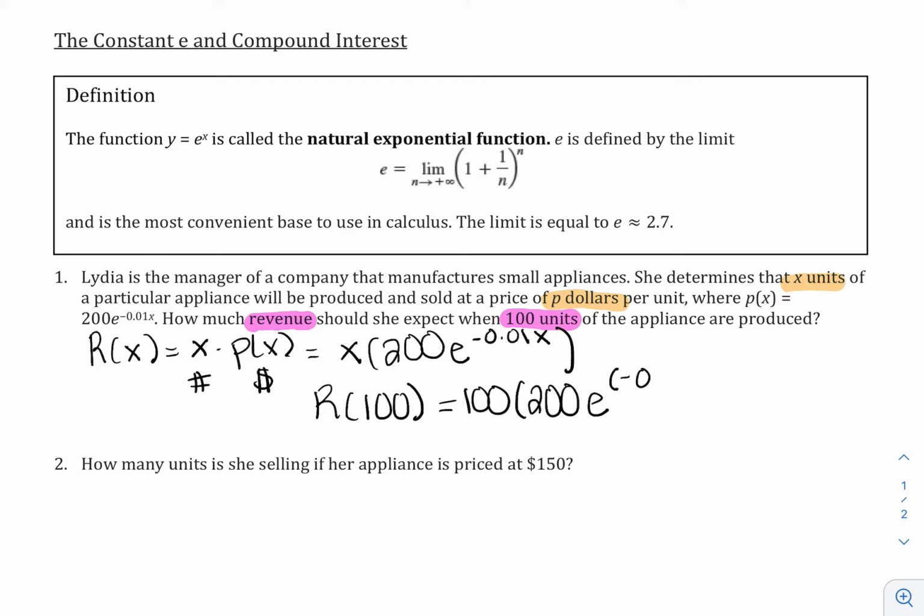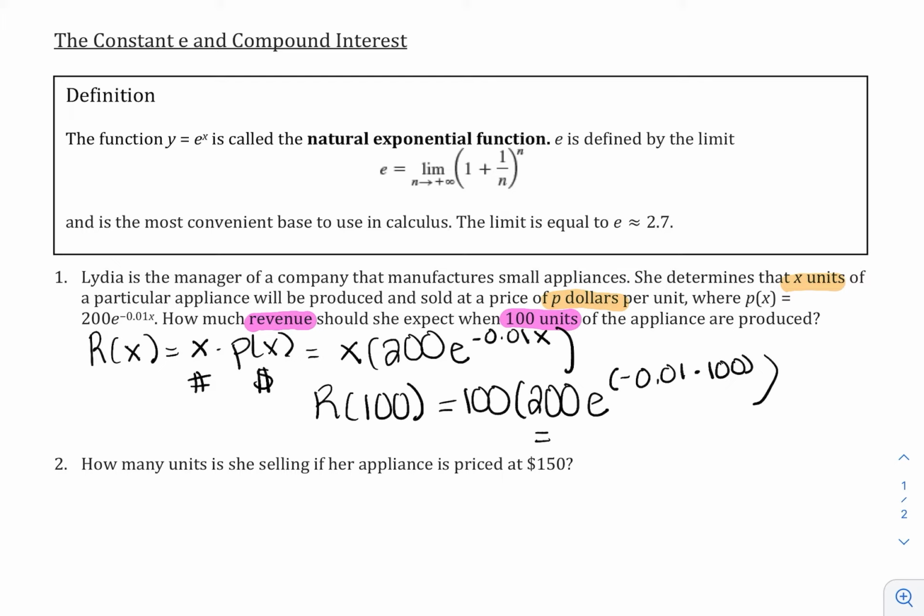When you are putting this in your calculator, put the power itself in parentheses so that it reads as negative 0.01 times 100 as the power together. If you do this, make sure you check it out.